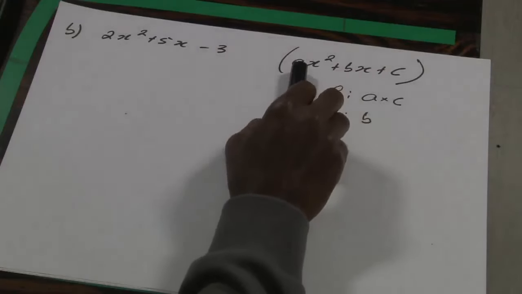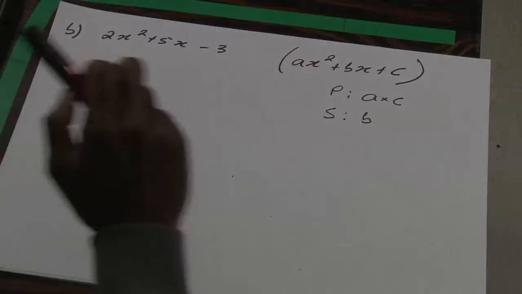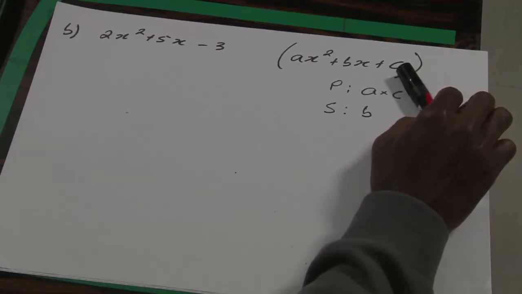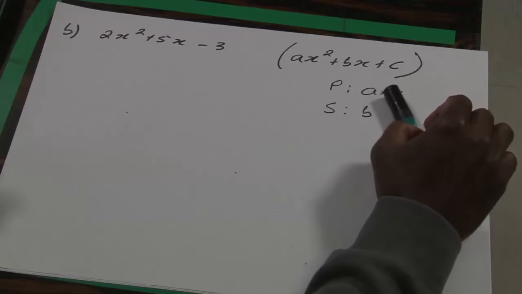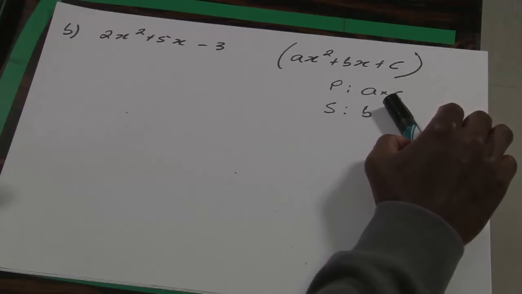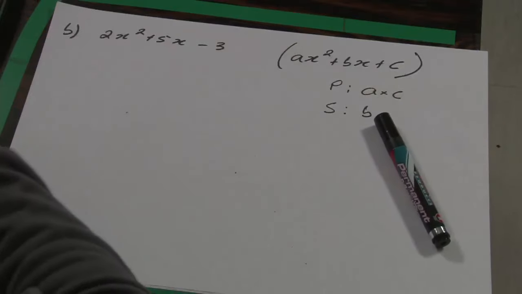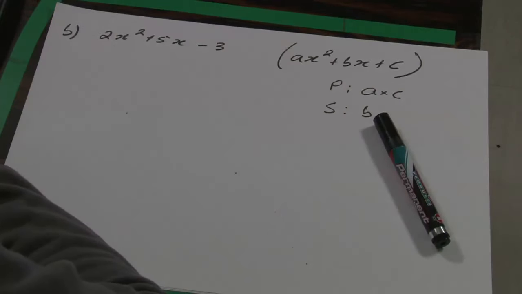I'll repeat that again. You identify your product. Your product is the coefficient of x squared multiplied by the free coefficient, the constant coefficient, some people might call it. That's your product, which means you have AC. And then your sum is the coefficient of x.